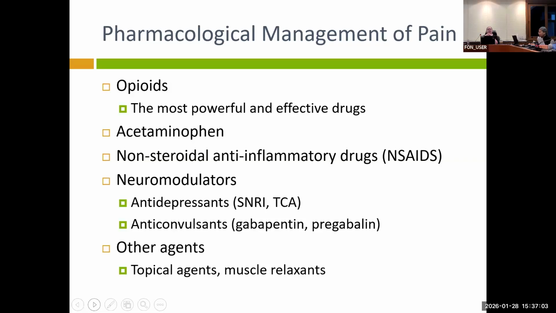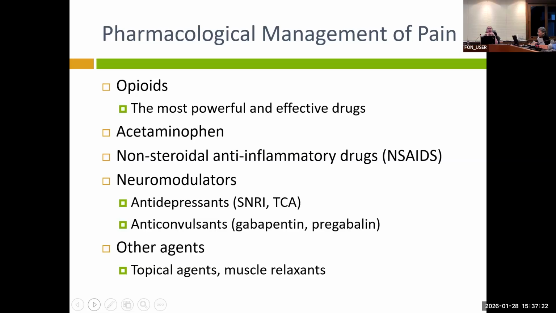So when we think about the pharmacological management of pain, opioids are still the most powerful and effective drug. But we are much more aware of some of the side effects and the adverse effects of opioids.